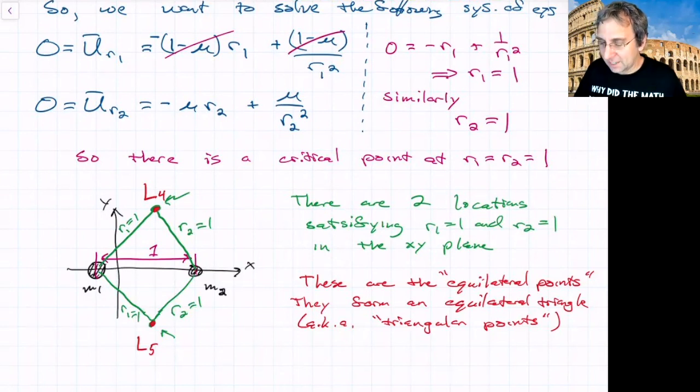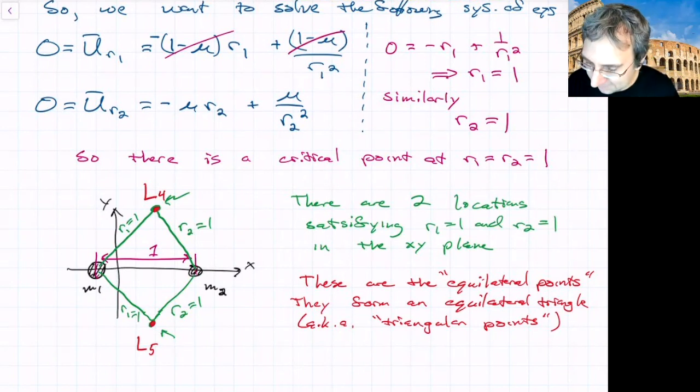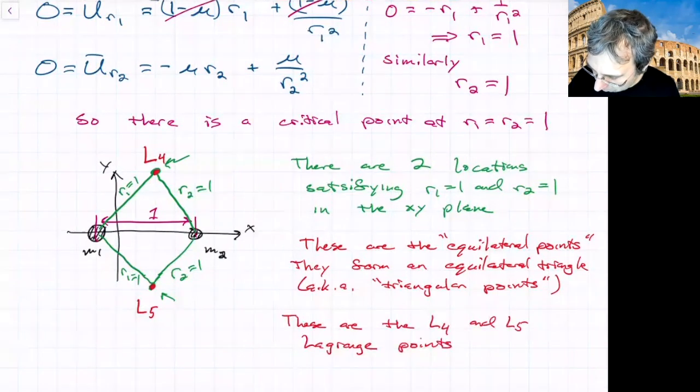So you could have a massive M3 there, and this would still work out. So it's possible that there are star systems out there where maybe we have 3 stars at these points of an equilateral triangle. They're pretty robust, since you could have even a larger mass there. So these are the L4 and L5 Lagrange points.